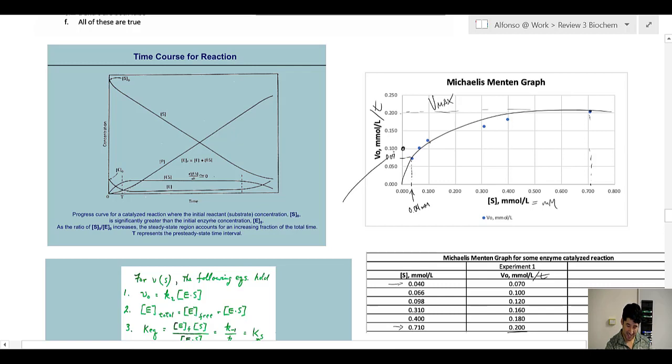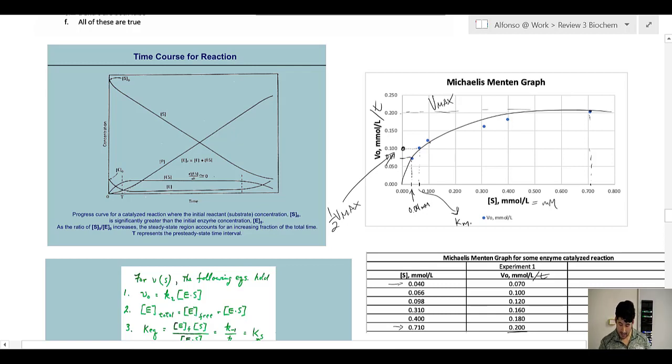So this right here is 1/2 the Vmax. And if we make a straight line going here and then down, this substrate concentration is your Km value. So this is your Km.